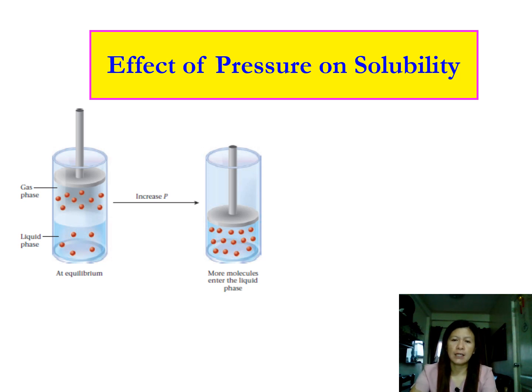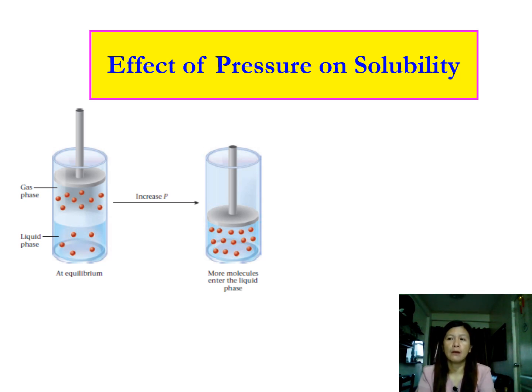Notice in this illustration, in the first figure or diagram, we have a separation of gas particles and liquid particles. As you increase pressure, more gas molecules or particles are in contact or closer with the liquid phase.